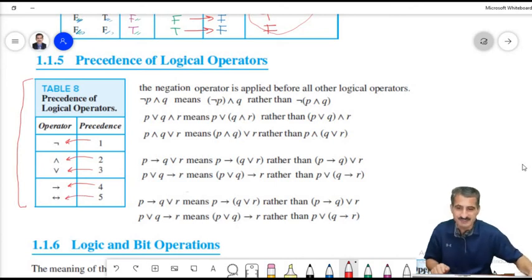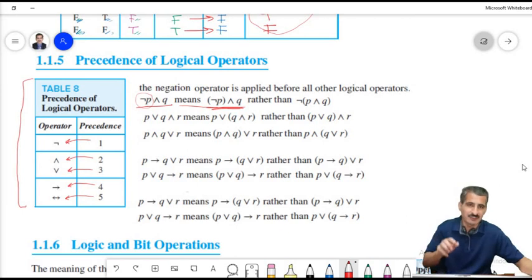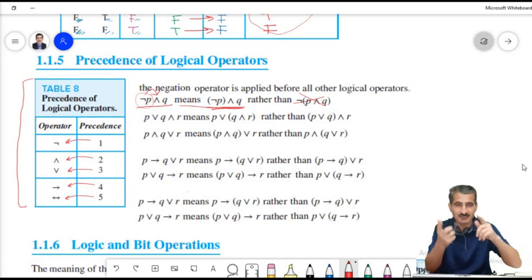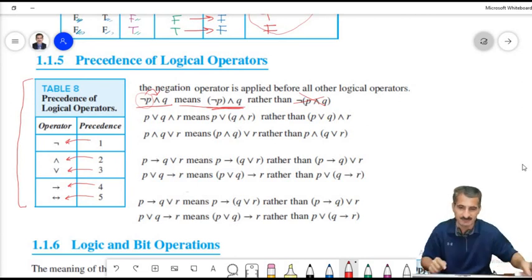So for instance, for this one, we must go for the negation first. So we will do the negation and then we will do the and, because the negation precedes the and. We are not allowed to perform the and and then the negation. The negation must come before the and.